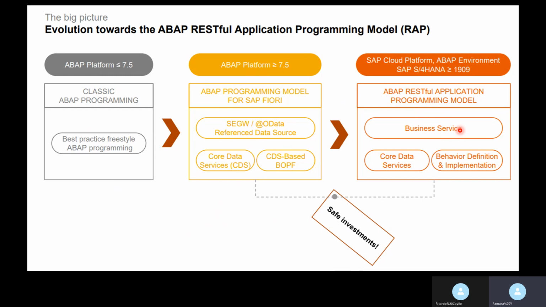Instead of pulling all the data into the application layer and writing the logic in ABAP, we can refine some of the logic at the database layer and pull only limited data into the application layer, where we can further tweak it. So the recommended one is RAP for 1909 onwards. If you are still on 7.5, the recommended approach is CDS views as well as SCGW based development. So this is in short.